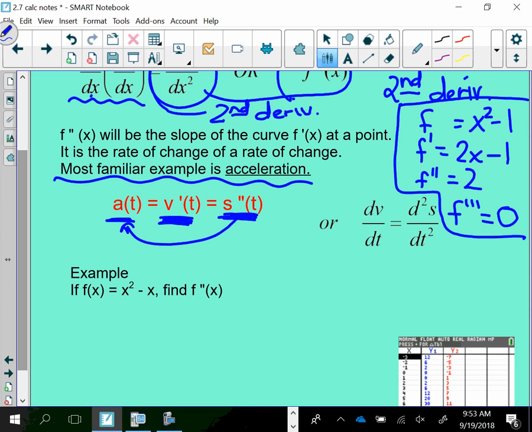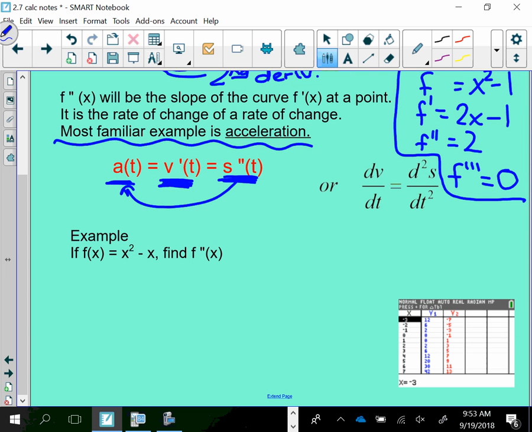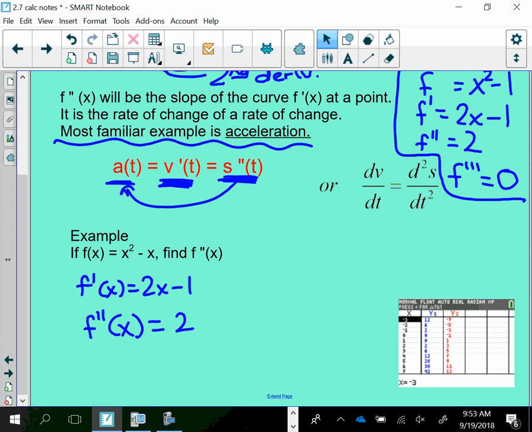And acceleration, if we remember our physics, what does that mean? It's like you're pushing in the same direction it's going, it's speeding up. All right. But mathematically, to find the acceleration, you take the second derivative. So we already talked about this. F prime, we said from the last page, was 2x minus 1. F double prime, we already said, was 2.